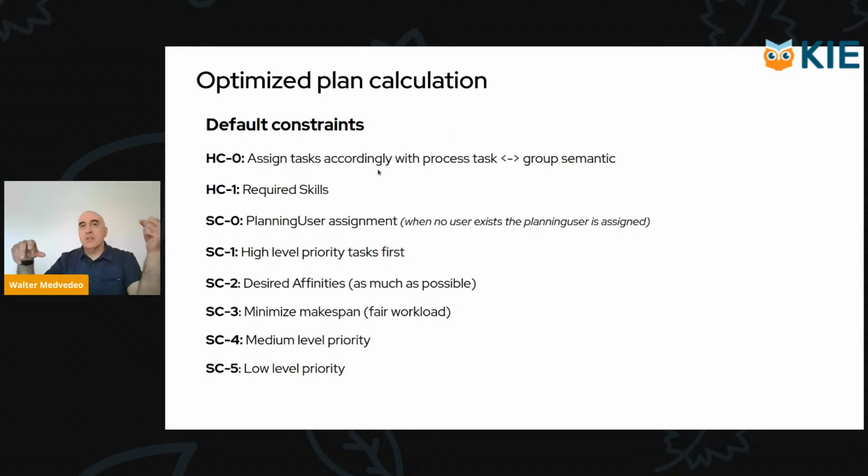If you remember the presentation, we don't want a task to be assigned to an intern if the task is defined for a manager. So this initial constraint is to respect the process semantic. Another hard constraint that we have right now in this default implementation is to meet the skills, right?